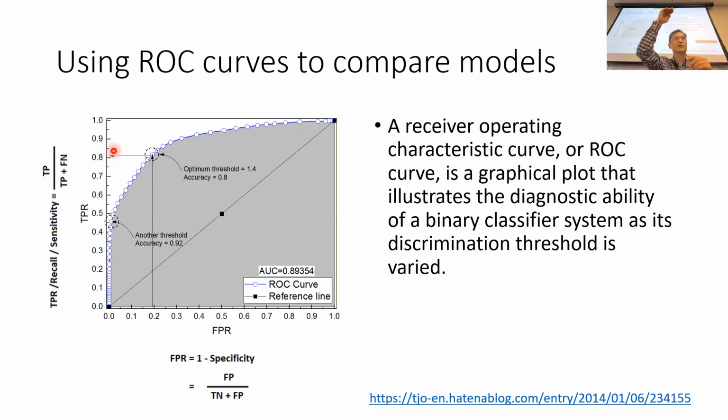On the x-axis is the false positive rate, and you want this to be lower. So you want your method to be in the top left corner as much as possible. If you have a method located here, it means you have a 90% true positive rate and less than 10% false positive rate.